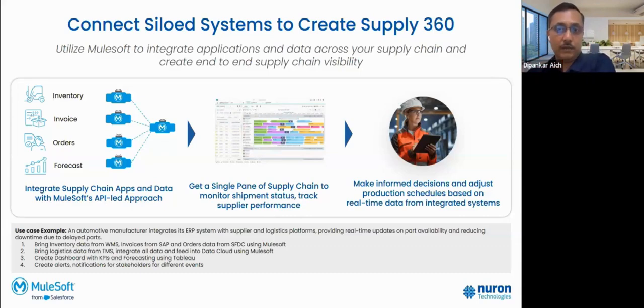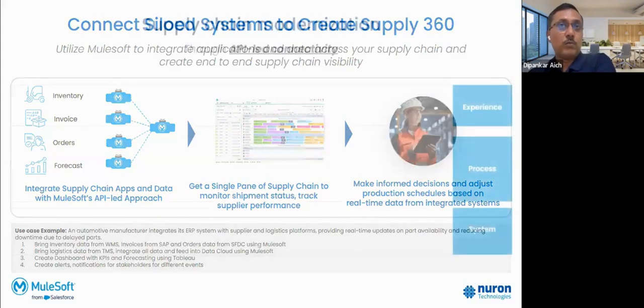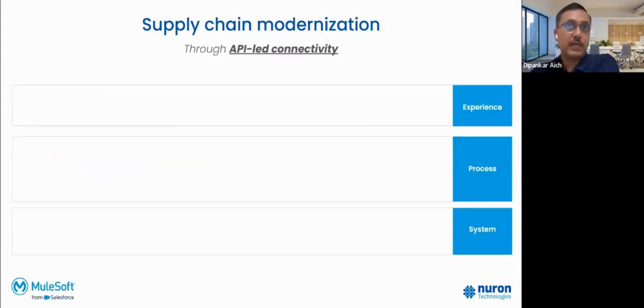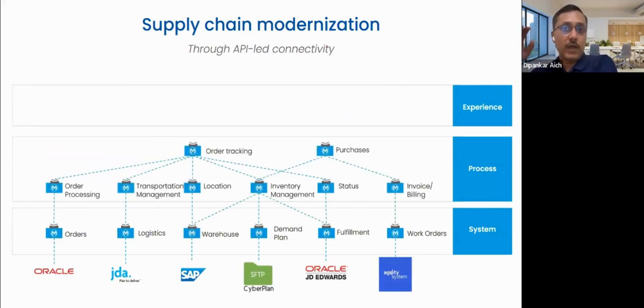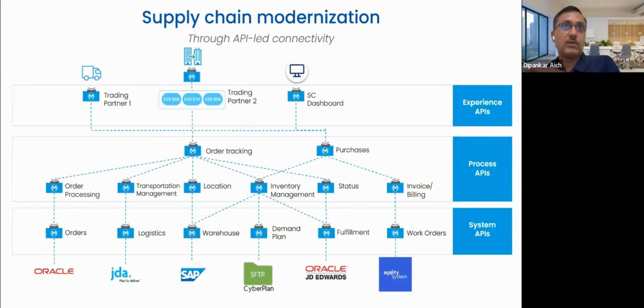Let's look at it in the next slide. So what we propose here is an API-led connectivity approach, again, that we advocate implementing integration for any enterprises. If you look at the overall approach at the bottom of the diagram, you will see the underlying systems there, be it SAP, be it Oracle, be it any other legacy system that you have in your landscape.